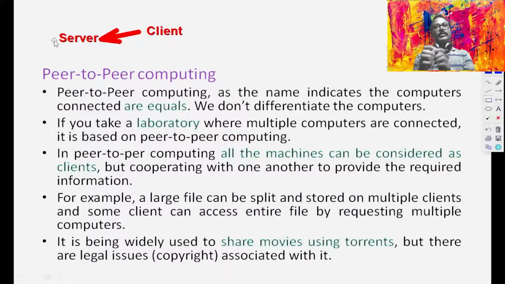So this is one machine, this is another machine. So there is some kind of dependency. Now, if there is no dependency, then it becomes peer. If both of these are equals, then they become peers.